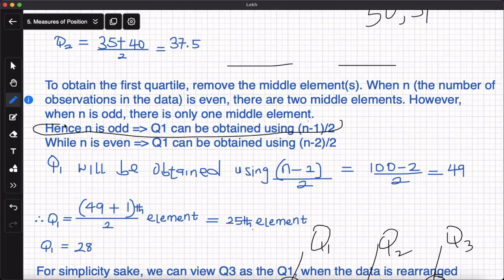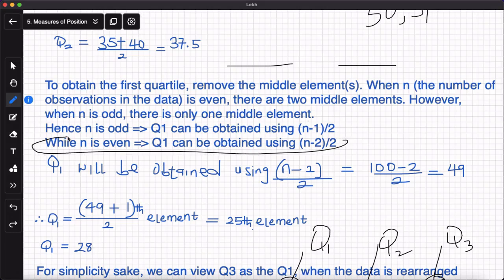So the number of observations to the left and right would be n minus 1 divided by 2 when n is odd. So we have n minus 1 divided by 2 observations to the left and n minus 1 divided by 2 observations to the right. However, if n is even, then we will have n minus 2 divided by 2 observations to the left and to the right.